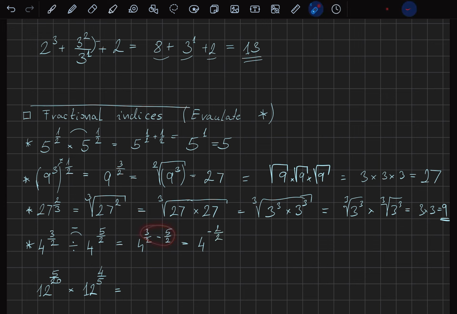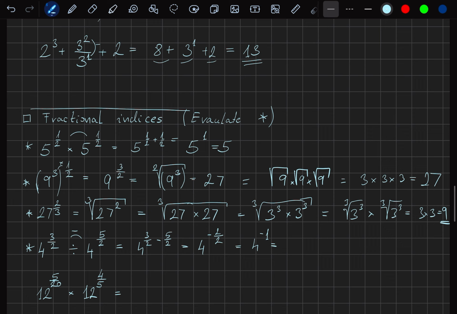If I take away a fraction from another fraction, and the denominator is the same, then I just need to calculate with the top number and write down the bottom number without any change. So it's 4 to the power minus 1, because minus 2 divided by 2 is minus 1, so it's 1 over 4.